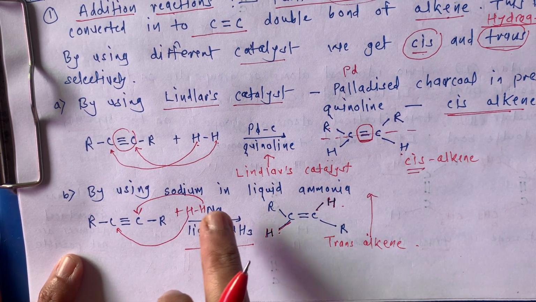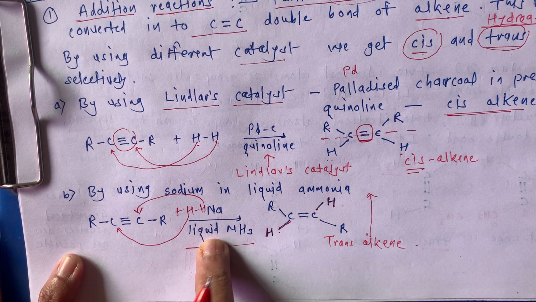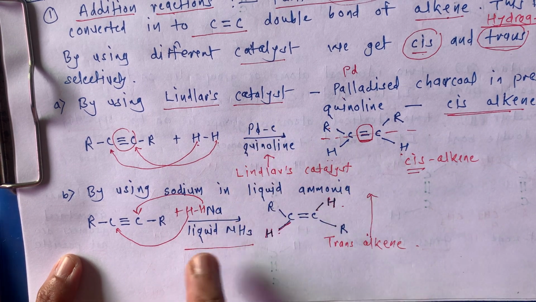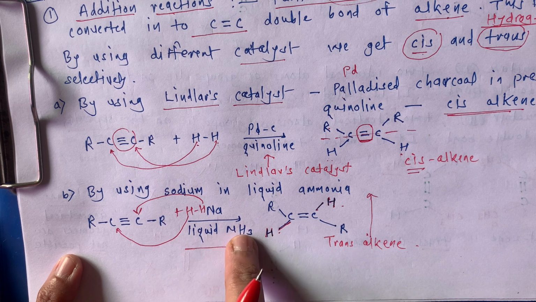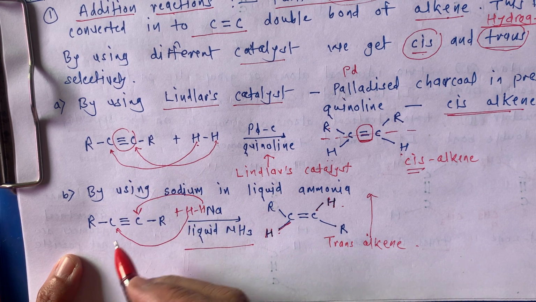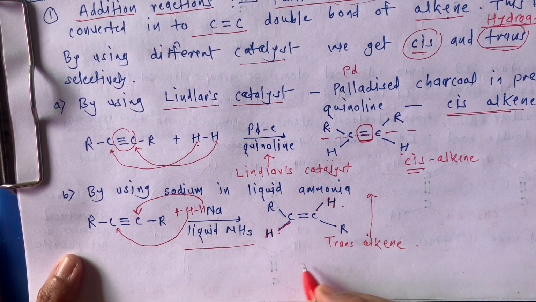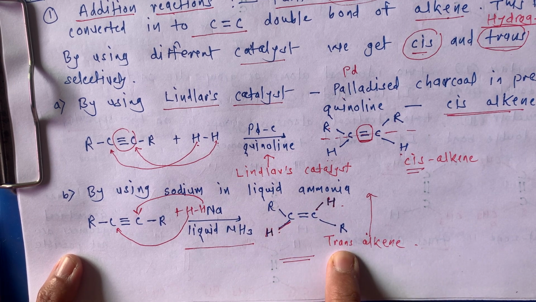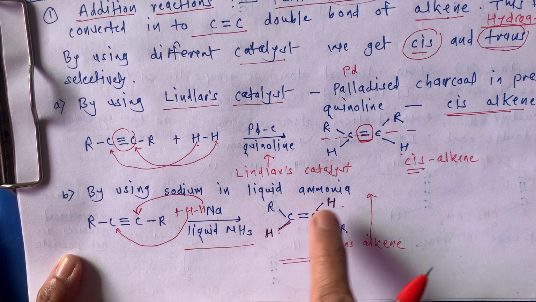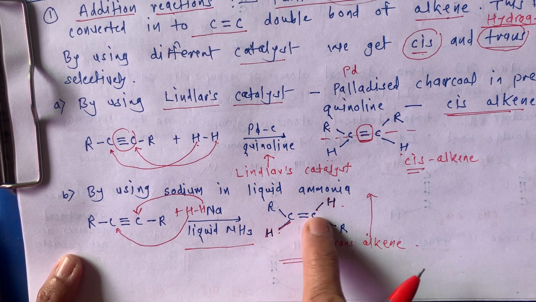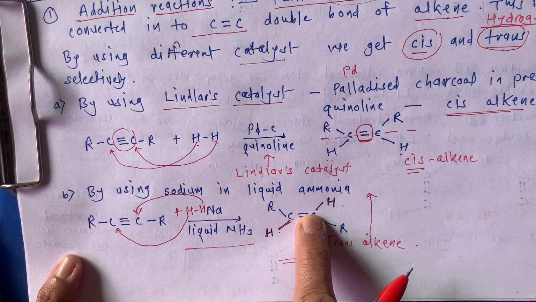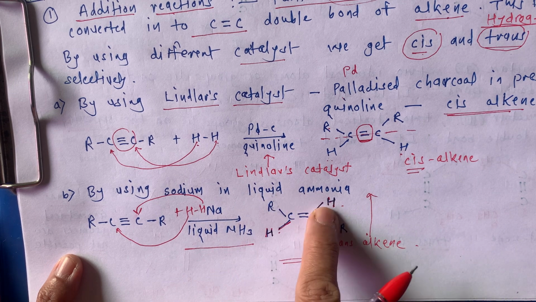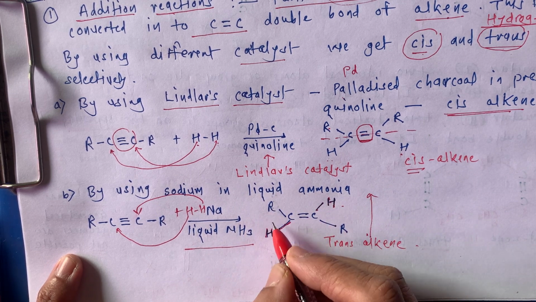But now when you change the catalyst, instead of palladized charcoal, if you use sodium in liquid ammonia, then addition takes place like this, and we get such a product which is nothing but trans, because the same atoms or same groups of atoms are on opposite sides of the double bond.